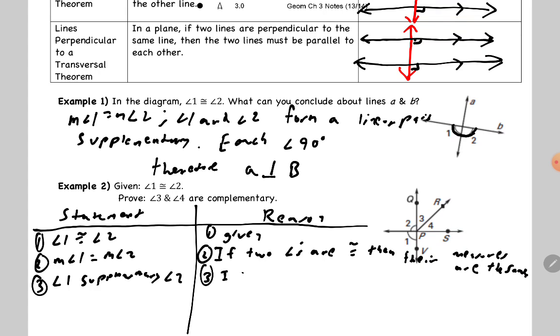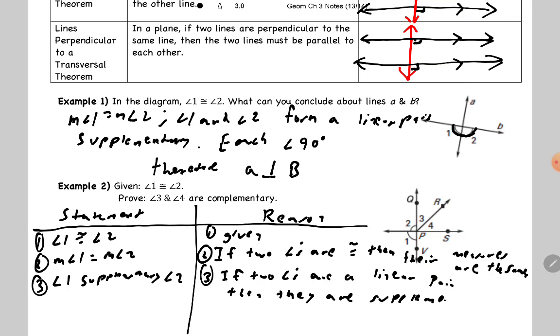That's because if two angles are a linear pair, then they are supplementary. So if two angles are a linear pair, then they're supplementary.